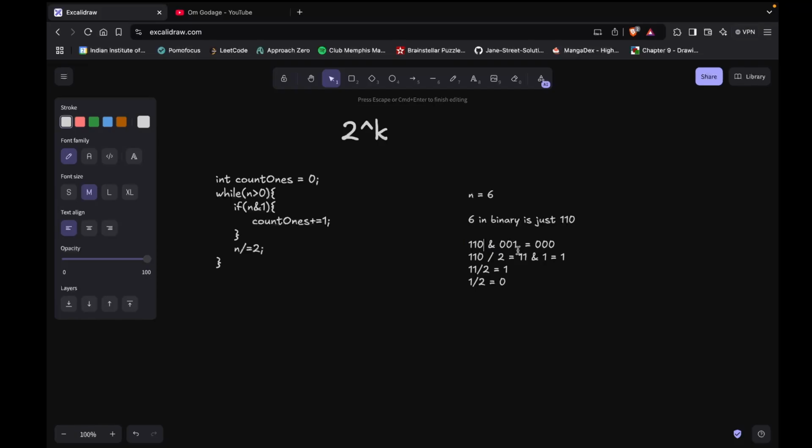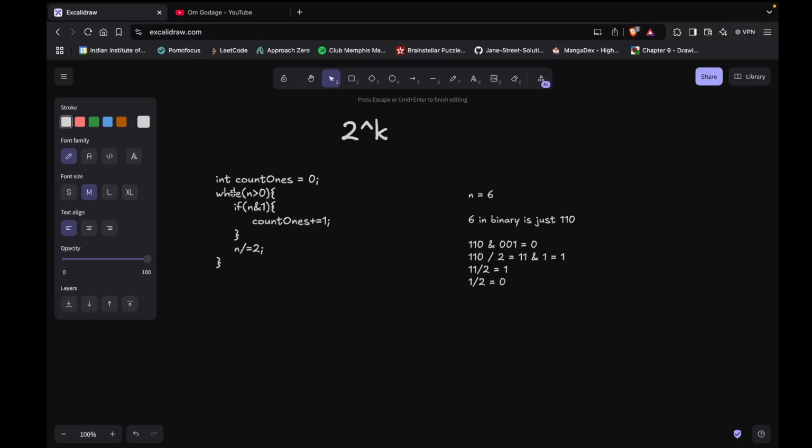So taking the bitwise AND with a 1 just checks if the last bit over here is 0 or 1, because the rest are all zeros, right? So all of these will evaluate to 0 always, but if the last bit is 1, as it is over here, it gives you a 1. Otherwise, in all other cases where this is 0, it will always give you a 0.